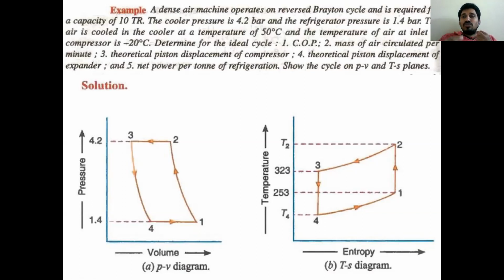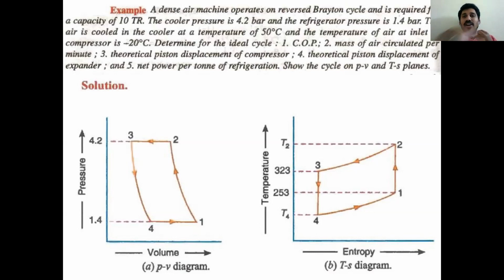I already told you the reversed Brayton cycle always operates between two specified pressure limits. One pressure is the high pressure, related to the cooler or high temperature heat exchanger. Another is the low pressure value, connected to the low temperature heat exchanger or refrigerator.